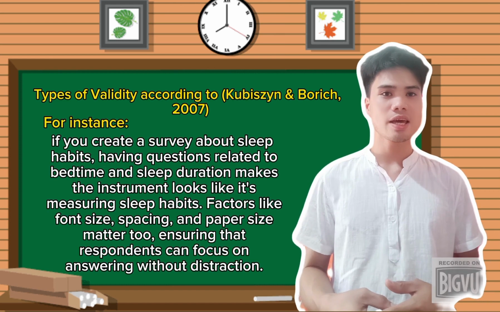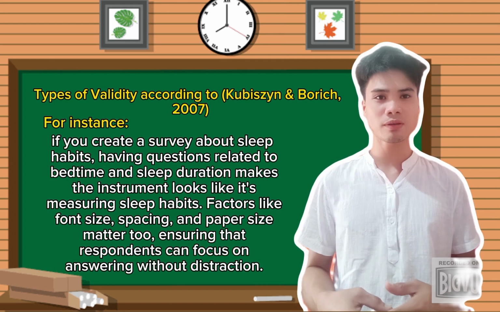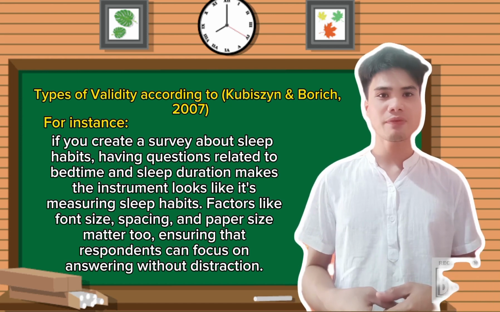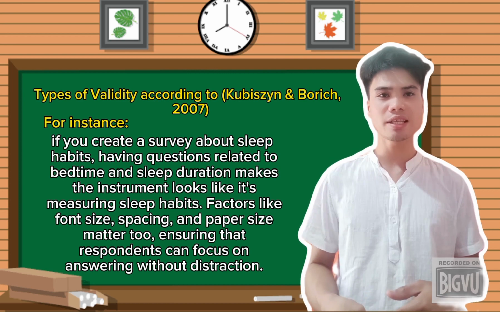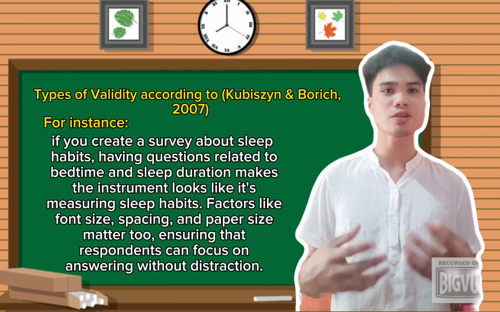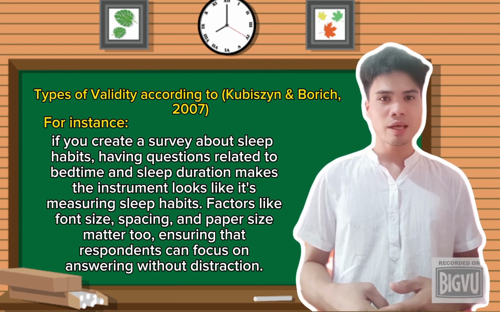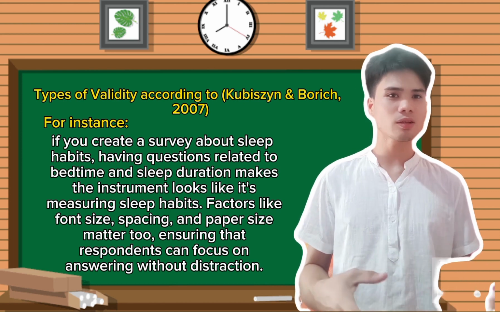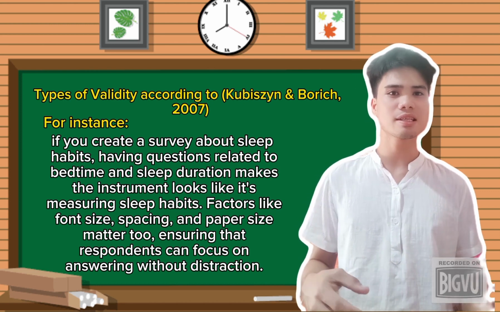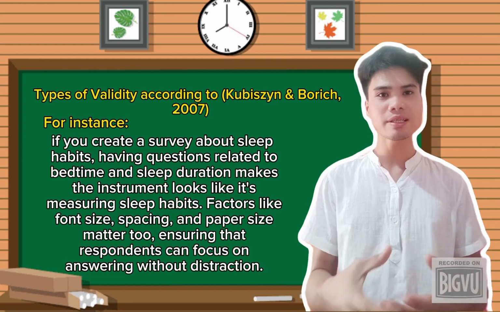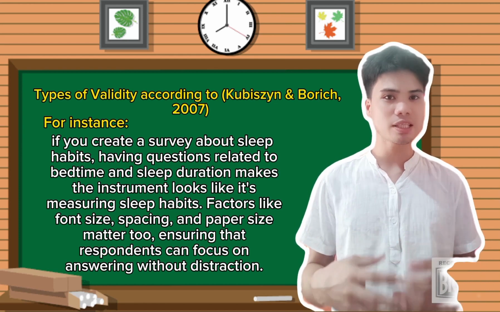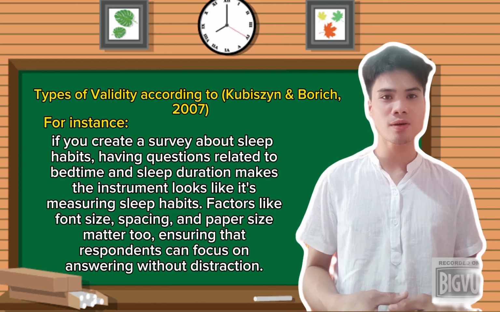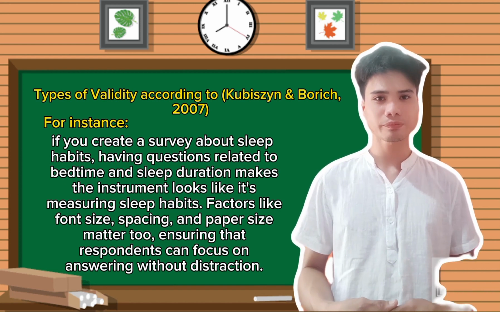For instance, if you create a survey about sleep habits, having questions related to bedtime and sleep duration makes the instrument look like it's measuring sleep habits. And also, factors like font size, spacing, and paper size matter too, ensuring that respondents can focus on answering without distractions.